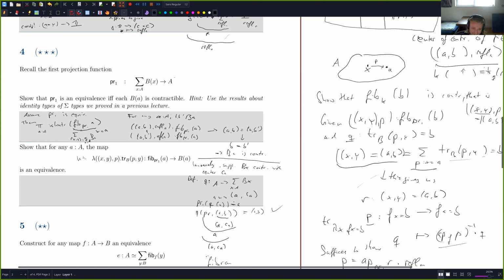So there's only one way to go here, and that is to first assume a type family B over A, and then hope that the projection of the sigma type really behaves similarly. So we have A and we have B, which is sort of a fibration over A, and that sigma A, B behaves similarly.